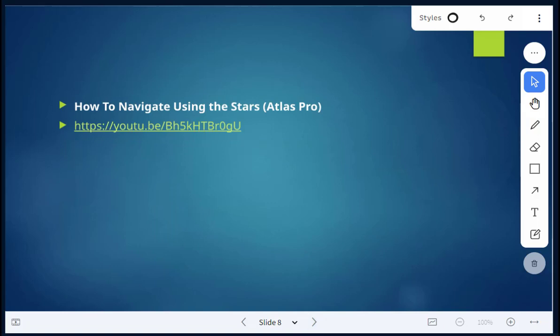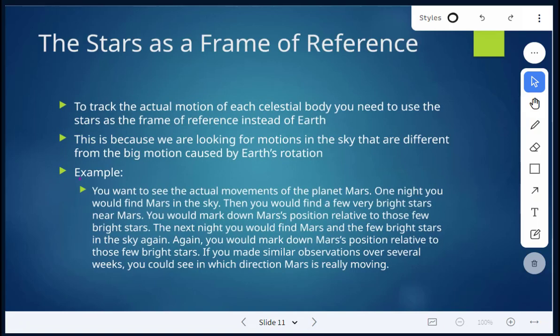Quick video here. All right, so stars could be used as a frame of reference to track the actual motion of each celestial body. You need to use the stars as a frame of reference instead of Earth. That's because you're looking for motions in the sky that are different from the big motion caused by Earth's rotation. So for example, if you want to see the actual movements of Mars, one night you'd find Mars in the sky, find a few bright stars near Mars, and mark down the position of Mars relative to those bright stars.